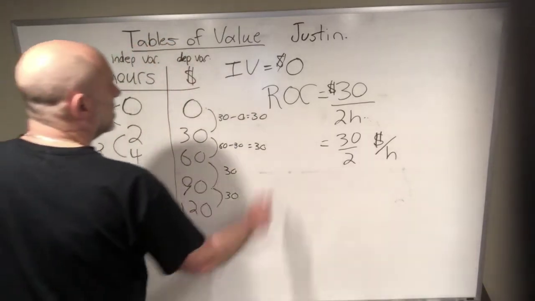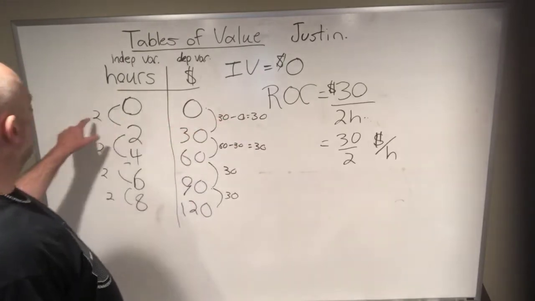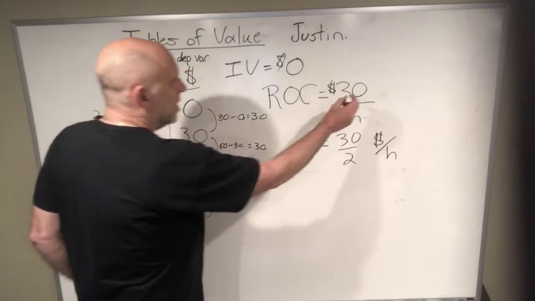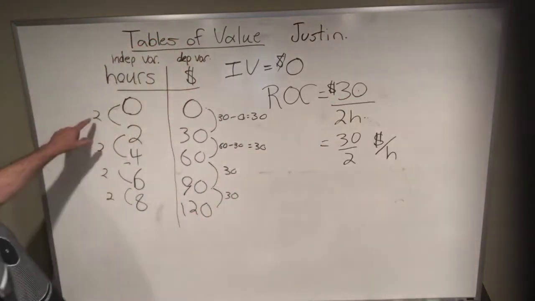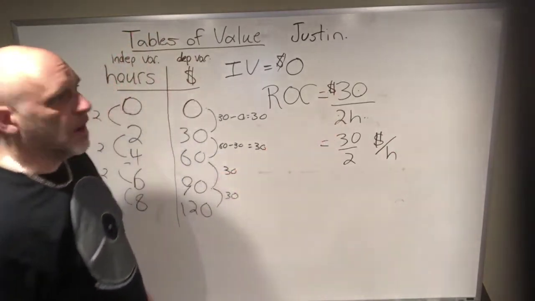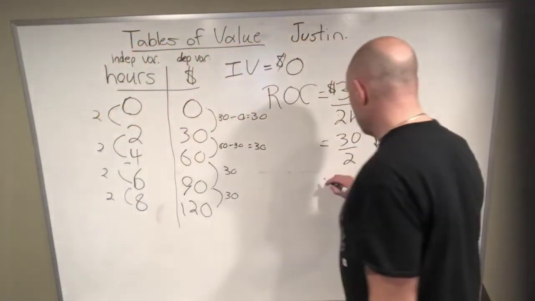Okay? Now the rate of change, we're dividing this number by that. It's as easy as that. How much are we increasing by? 30. How much are we increasing here by? 2. This is dollars, that's hours. 30 divided by 2 is $15 an hour.